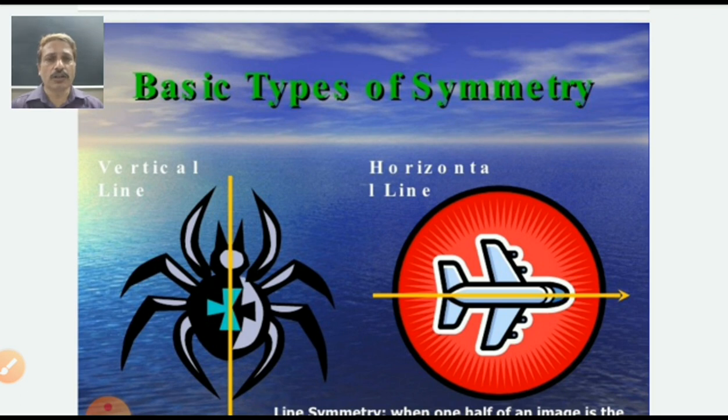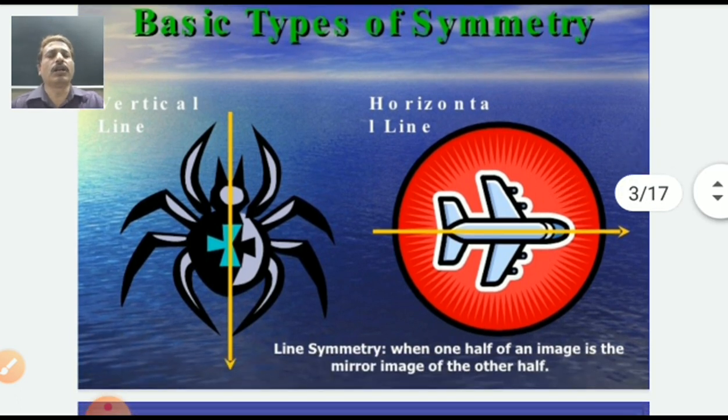Or you can just turn the picture, and the vertical will become horizontal. Once again, the line is drawn here in yellow color, which gives us a type of symmetry, horizontal and vertical. It's called line symmetry.